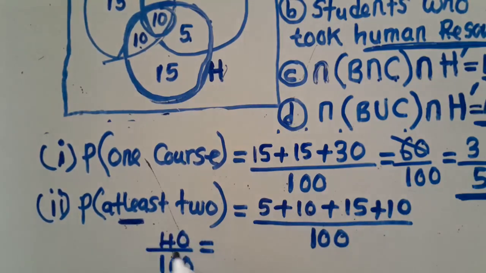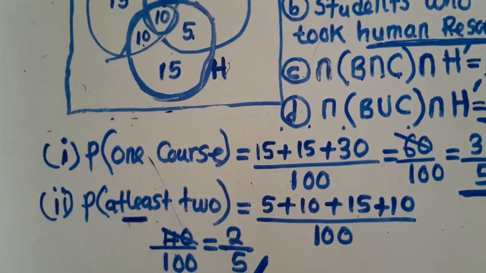You divide both sides by 20 to reduce. 20 there, it is 2. 20 there, it is 5. So this is your answer, 2 over 5. This is what you are supposed to do. So these are the answers that were expected from candidates.